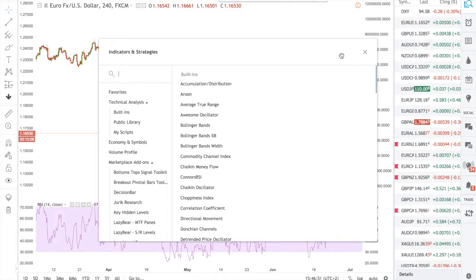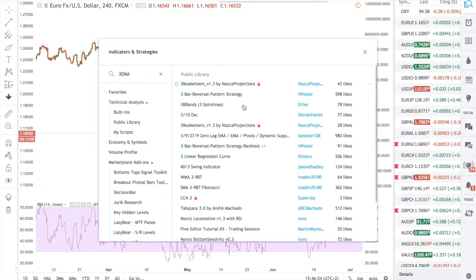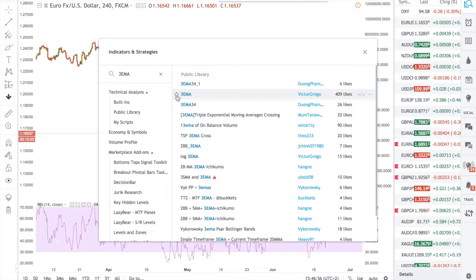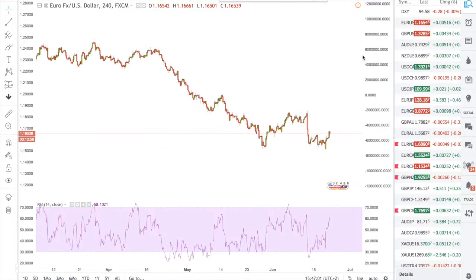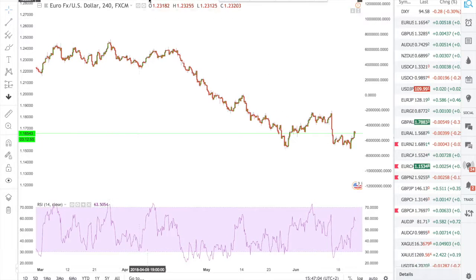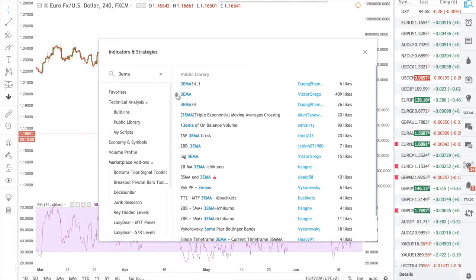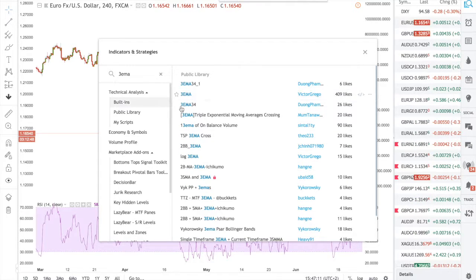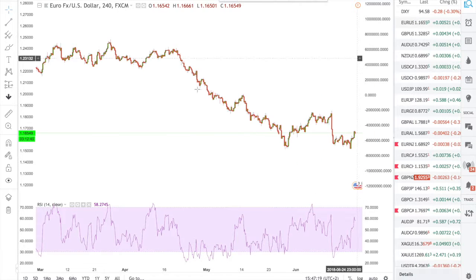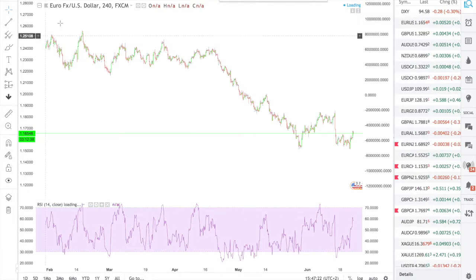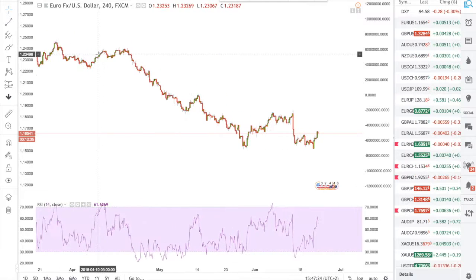So for example, 3 EMA, and then you select the star behind it, and you should be able to see it. Let's see what's wrong. I don't know, normally the indicator will pop up here. It doesn't matter, we will look at it later.